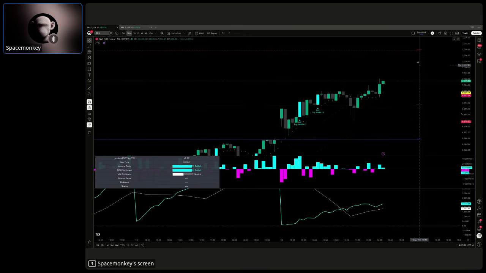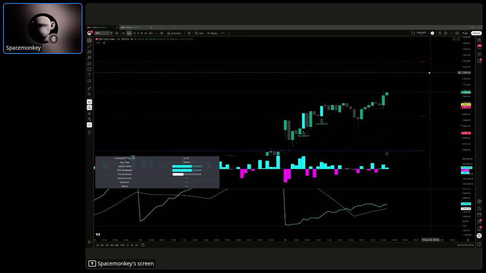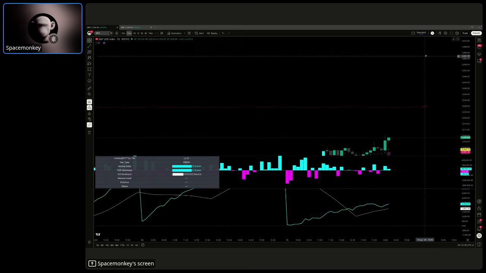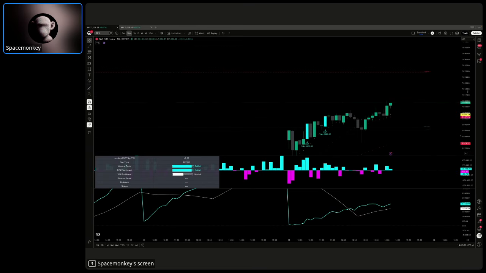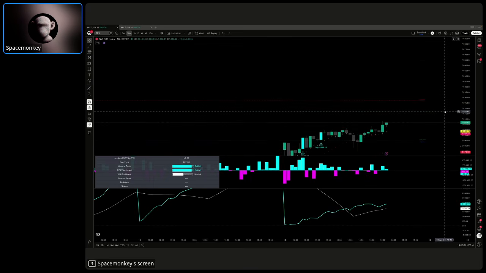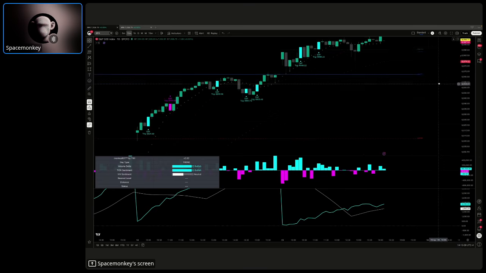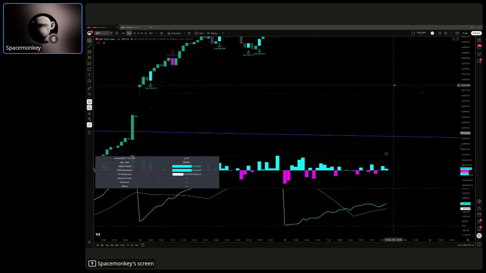These lines are important. As I said, ORB high, ORB low, extreme, and you have maximum all the way up here. So the higher up you get into these, the more significant they are as resistances, and the same goes for down here as support.